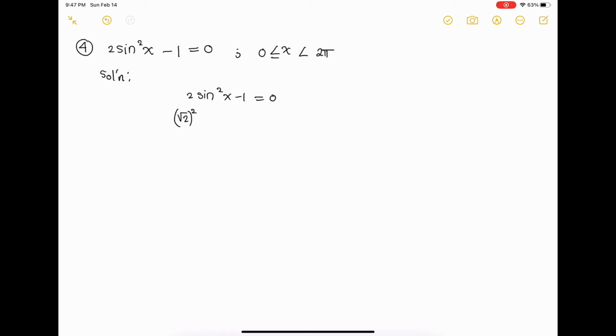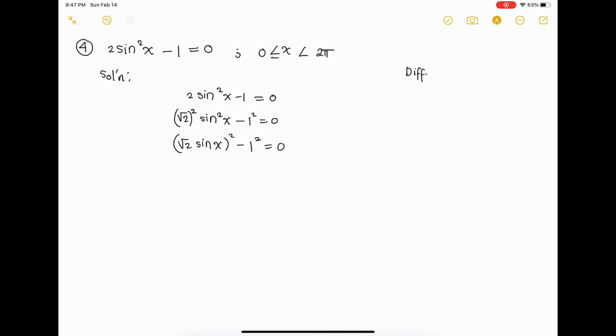So that's square root of 2 squared, which is 2. Copy sine squared x minus 1. 1 is just equal to 1 squared. I did this because I have in mind to use an identity that we've already used in the previous, which is the difference of two squares. So we have the quantity square root of 2 sine x, squared, minus 1 squared equals 0.